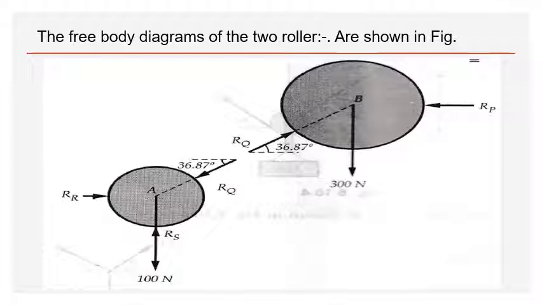If you consider the free body diagram of the sphere B, one is the reaction at the contact surface Q, another is the weight of the sphere, 300 Newton, and there is the reaction at the contact surface P. This is the free body diagram of the two rollers.